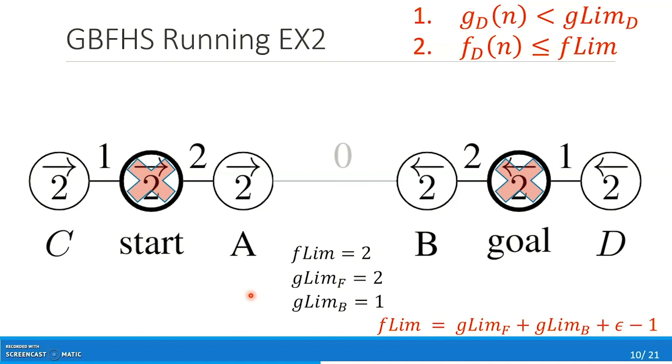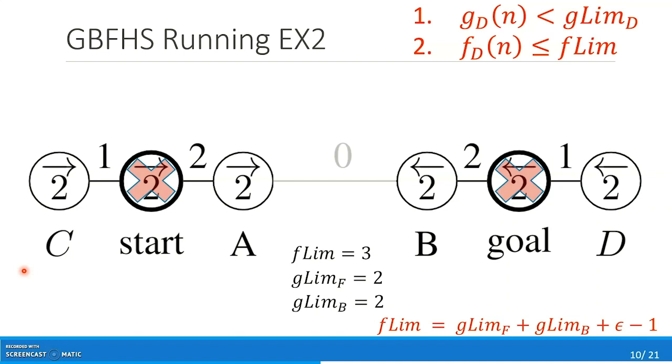Now the minimal f value in the open list is equal to 3, thus the f limit value is updated, and the glim backward value is incremented. So now the only nodes which are eligible for expansion are C and D, because they have an f value of 3 and a g value of 1 which is strictly less than 2.